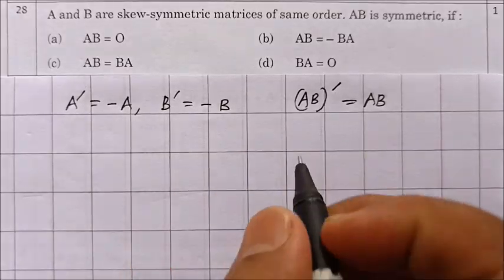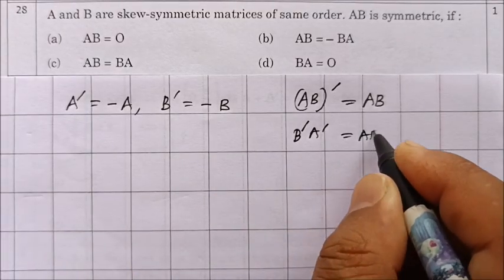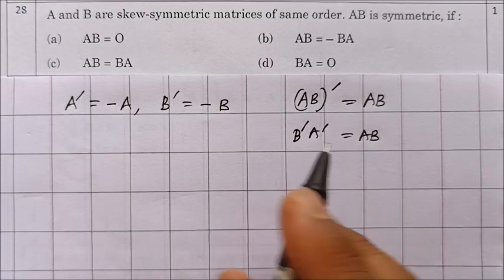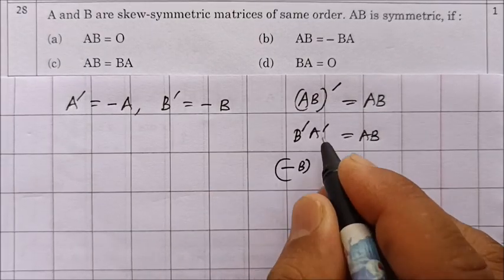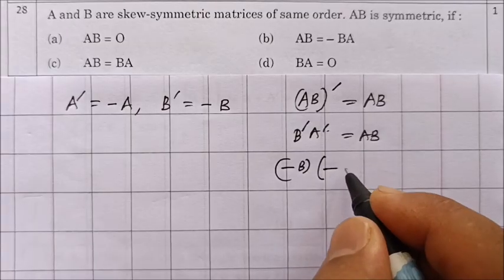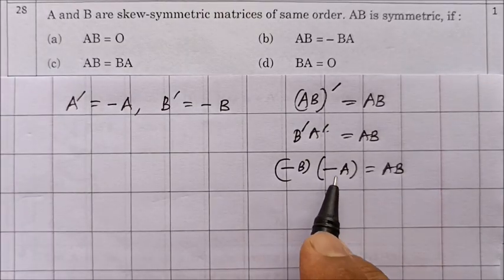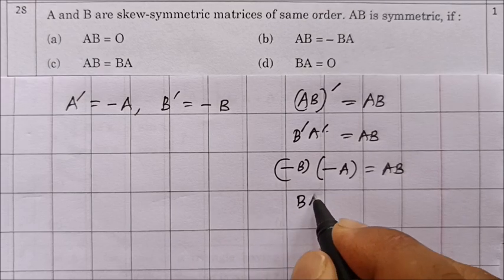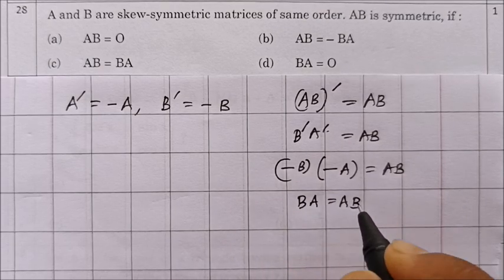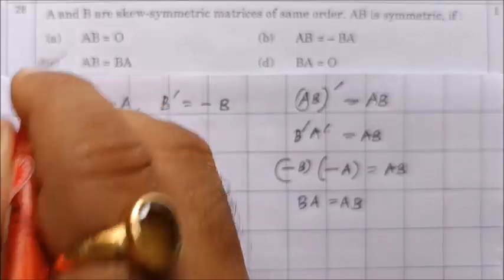So AB dash equal to AB, so this is B dash, A dash equal to AB. So in place of B dash, I'll write down minus B. In place of A dash, I'll write down minus A. So we have AB. Minus minus, it will become plus. So we have BA equal to AB. So which is the correct option we have? The option C.